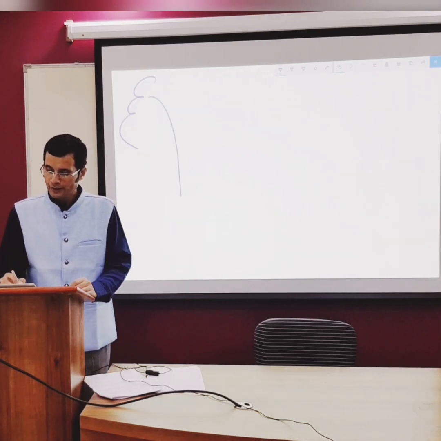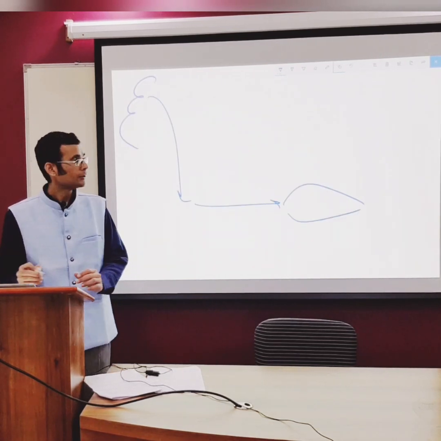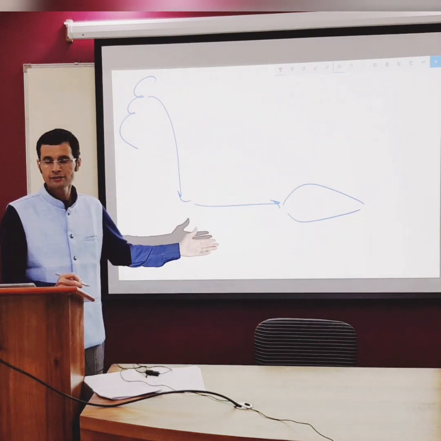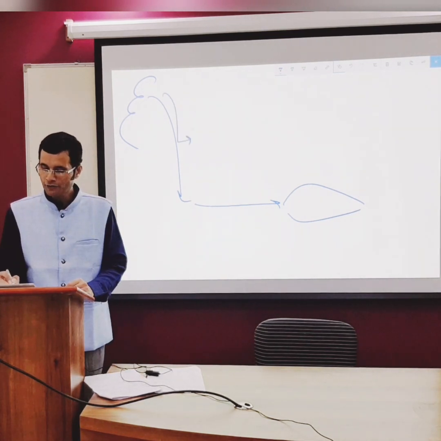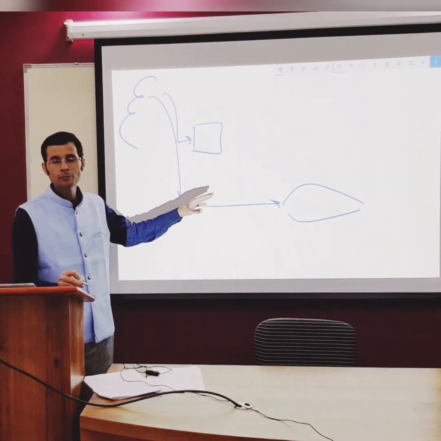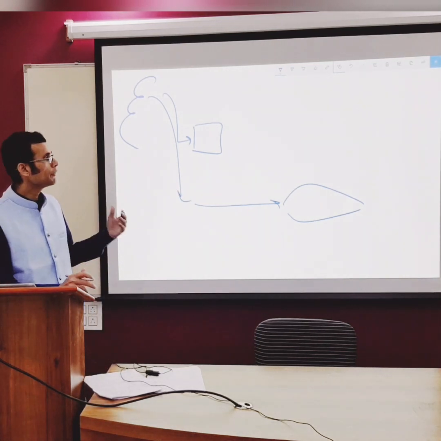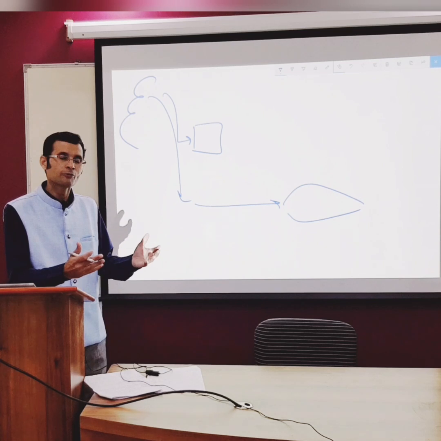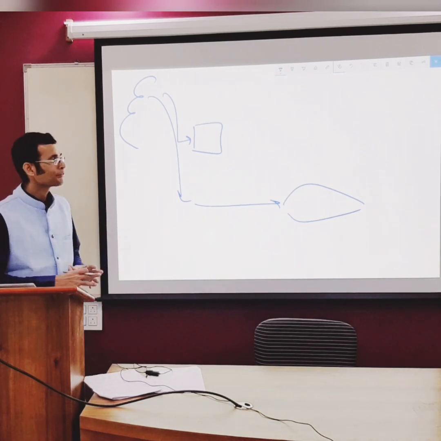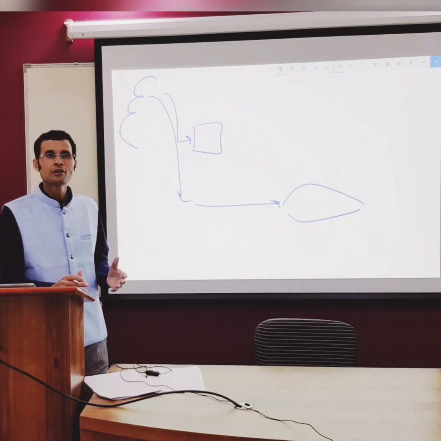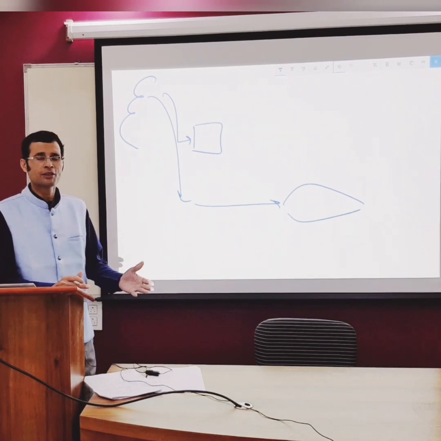Cortex is sending the signals to the muscle to start the contraction and start the exercise. There will be collaterals sent to the brainstem respiratory center, and ventilatory drive will be increased just at the start of exercise. So this is a feed forward regulation in anticipation of the change.